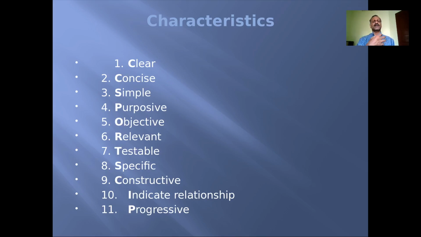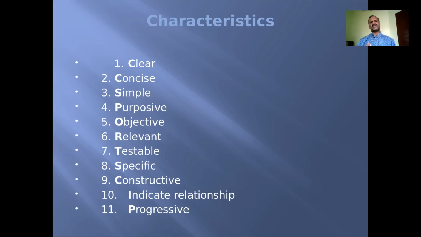Next thing is the hypothesis should be concise. It's not very big sentences. Now, sometimes in complex researches, PhD studies and all, we can see complex sentences with a lot of variables together, with a lot of relations between the variables.